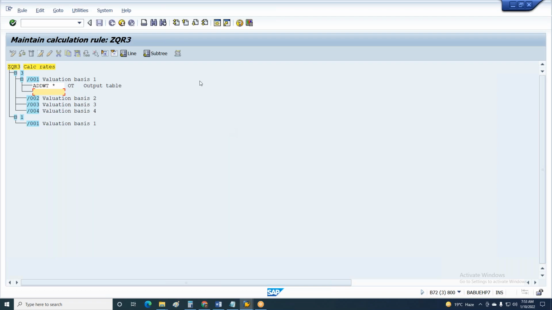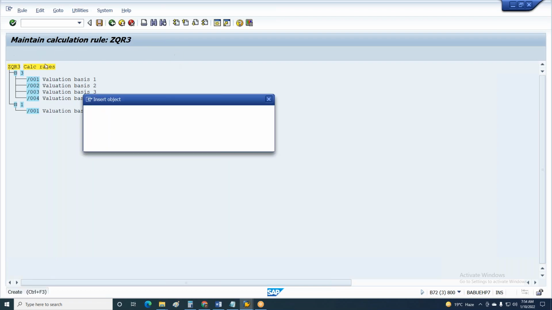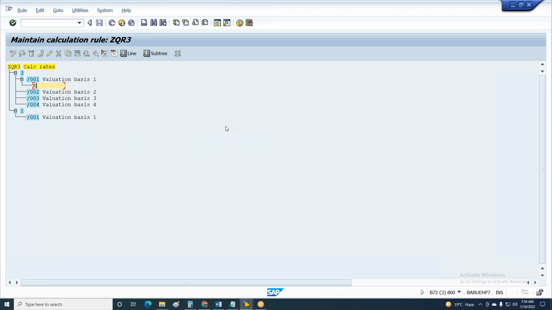No, you shouldn't move them to the output table. Rate equal to parameter. You should take T always.